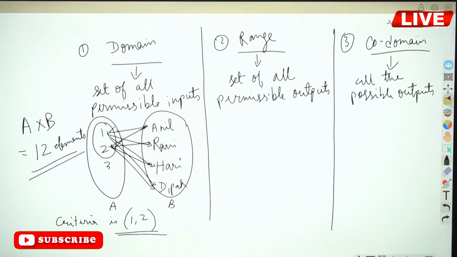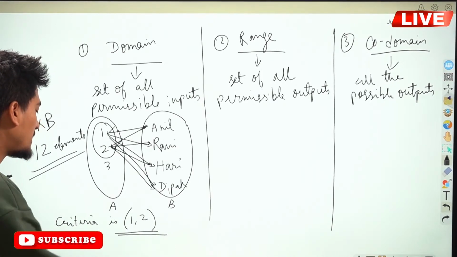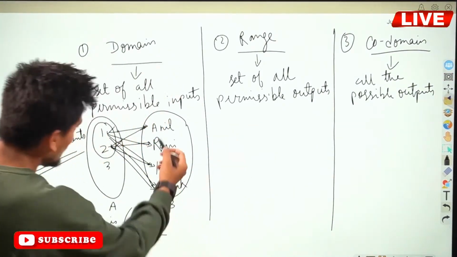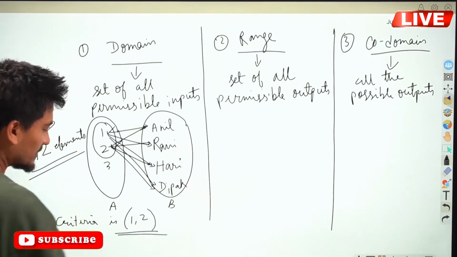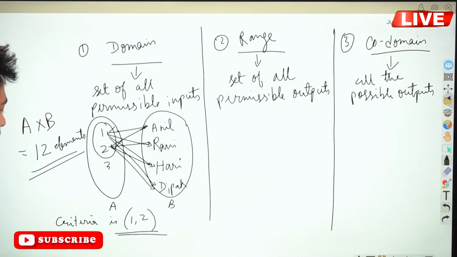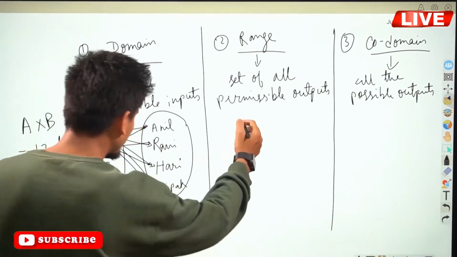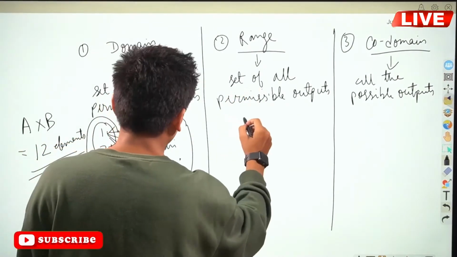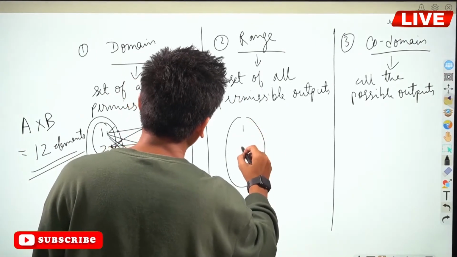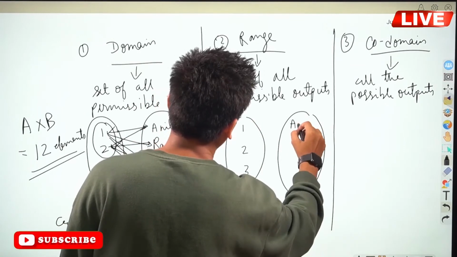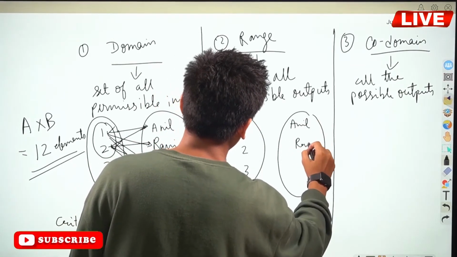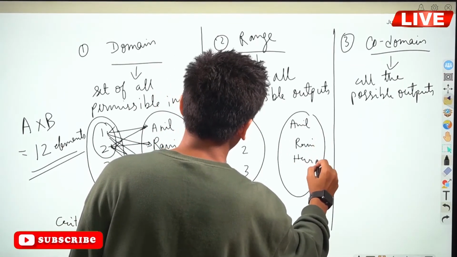The permissible outputs will be, we have taken this one, this one, this one, and this one, right? We have taken 4 of them. So here we have 1, 2, and 3. And here we have Anil, Ravi, Hari, and Deepak.